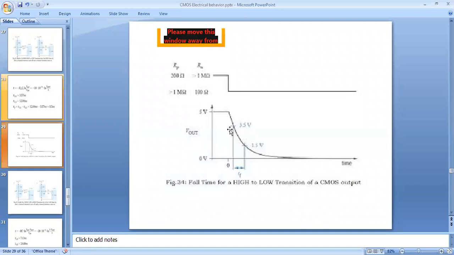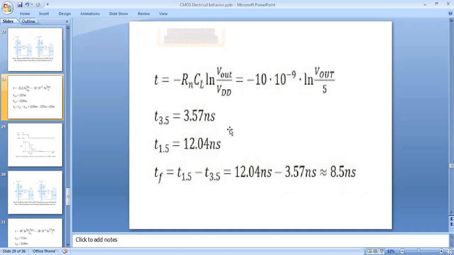From that expression, bring the time period small t. Take the e term to the other side.